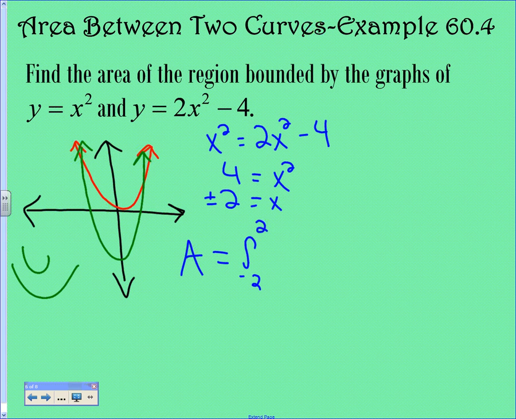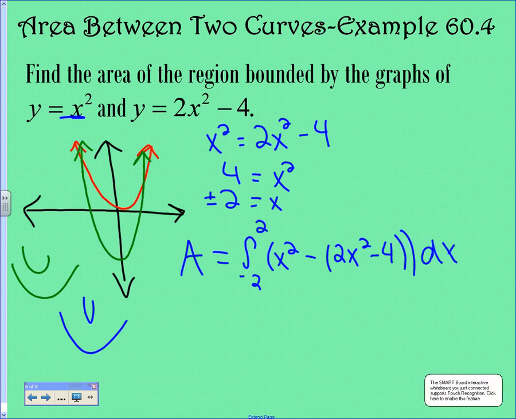Your graph, whether they were bigger or smaller, you could have had it drawn way disproportionately, I guess. But which one's on top? The x squared. So you're going to start with x squared minus 2x squared, which is x squared minus 2x squared plus 4, if you distribute your negative out.